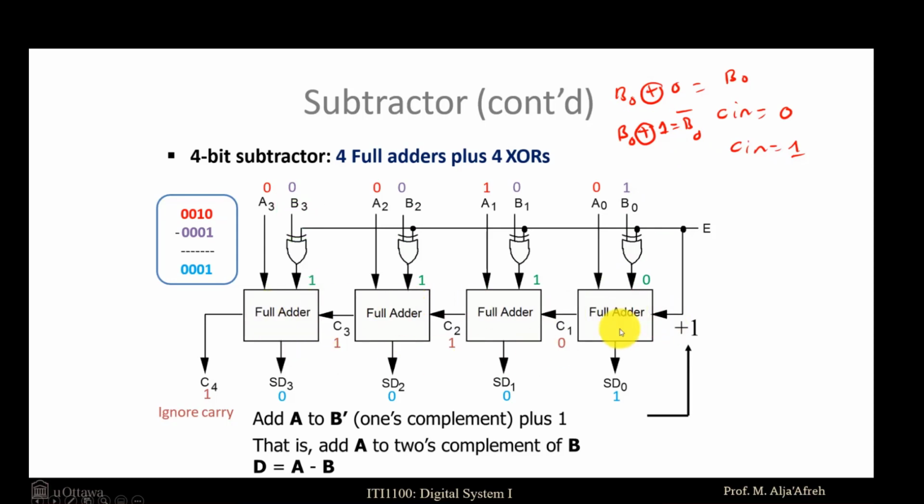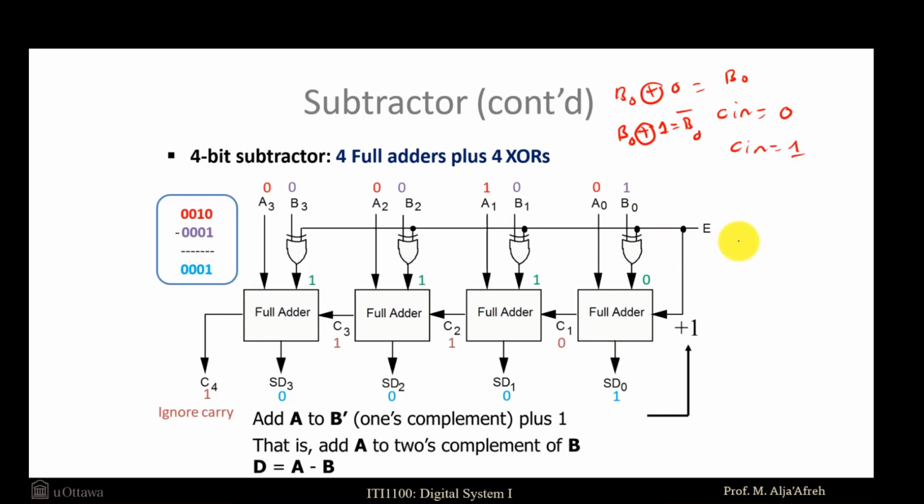Then this will become a direct addition between 0010 as well as 1110. Okay? So when we do that addition, we will get what? Let's do it here.